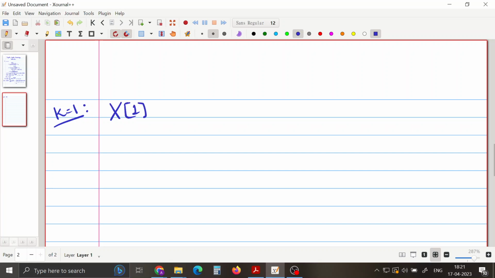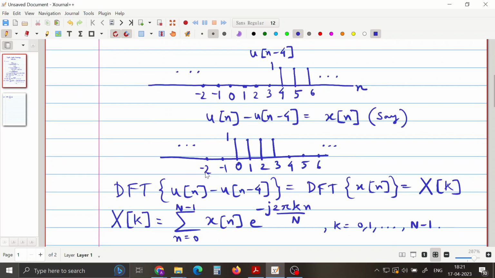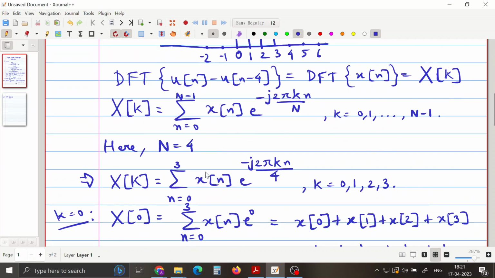If you substitute k equals 1 in the formula, you get this. Now this e power j term will exist actually, because it is e power minus j 2 pi k n by 4. So you are putting k equals 1 now, so you will have e power minus j 2 pi by 4 n, right?